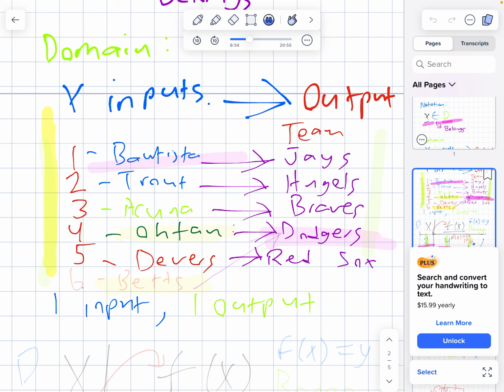So let's add another name. Let's add Betts. Well, Betts also plays for the Dodgers. And note how since we have two inputs mapping to one output, then this is no longer a function.